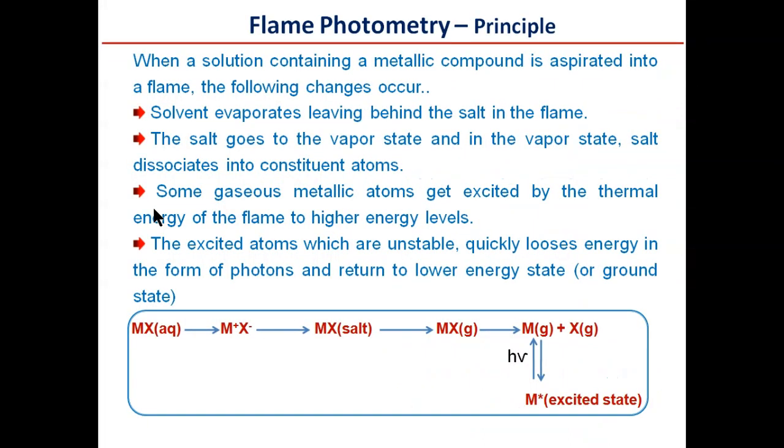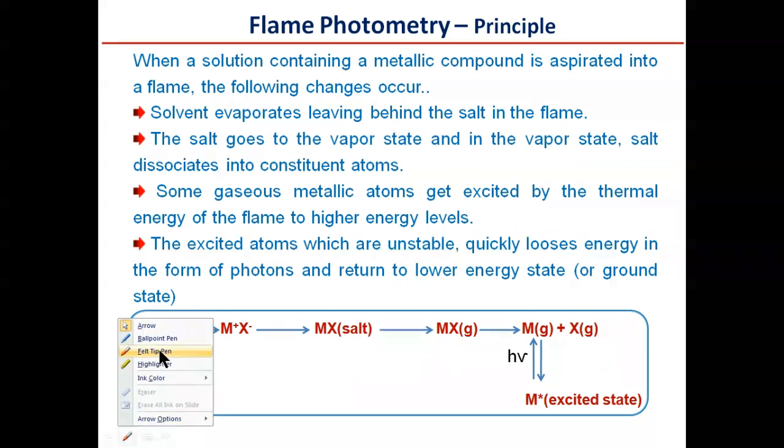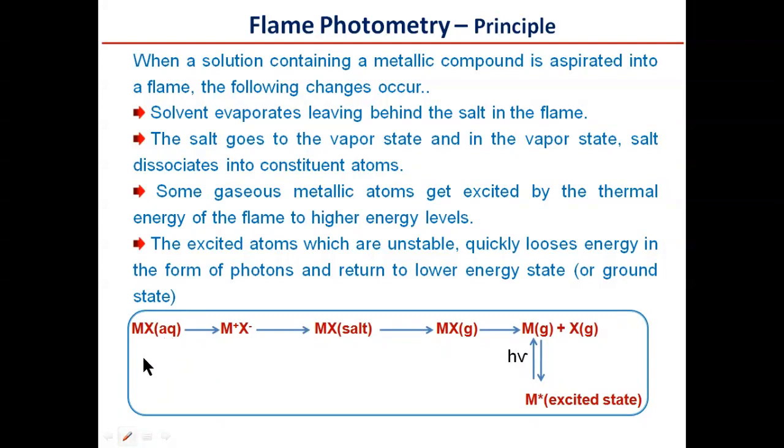When a solution containing a metallic compound is aspirated or spilled into a flame, the following changes occur. When I say solution, this means the salt which is present in a solvent.